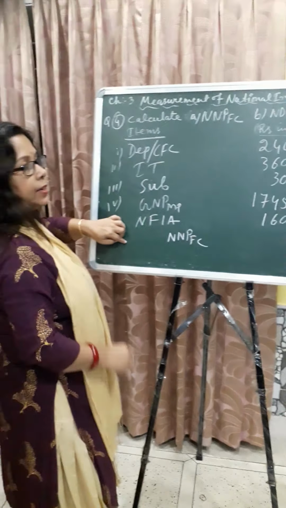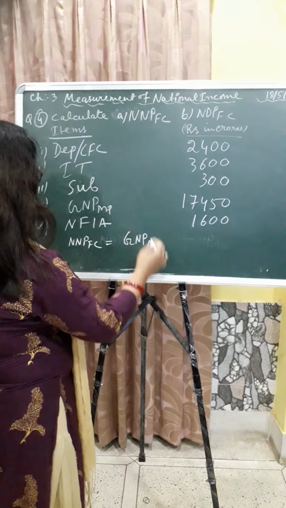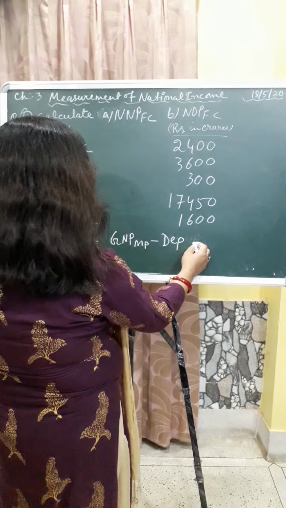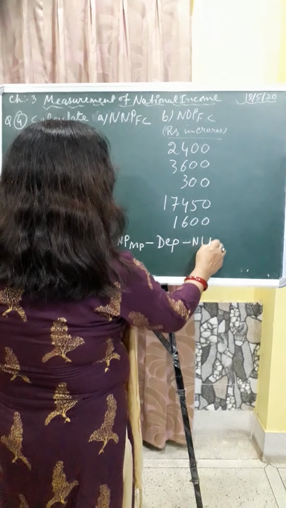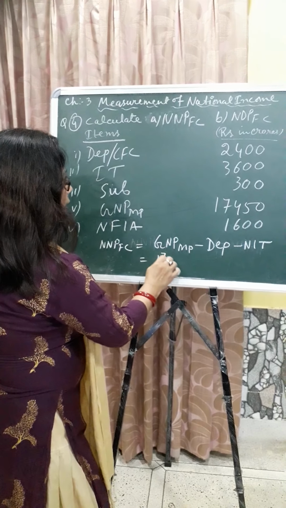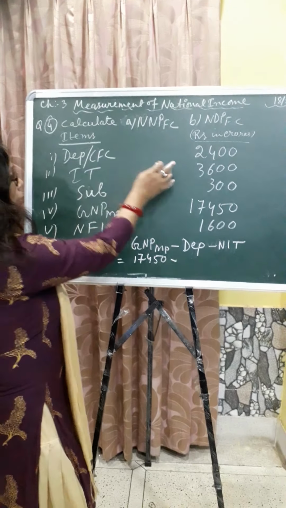NNPFC equals GNPMP minus depreciation minus NIT. So GNPMP 17450 minus depreciation 2400 minus NIT, which is IT minus subsidy, 3600 minus 300, so 3300.